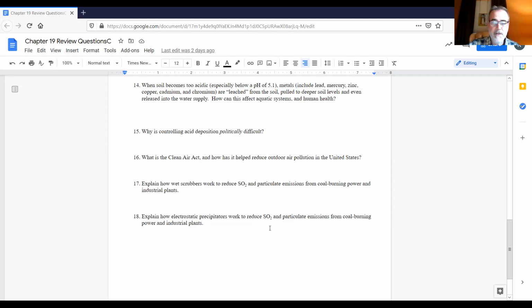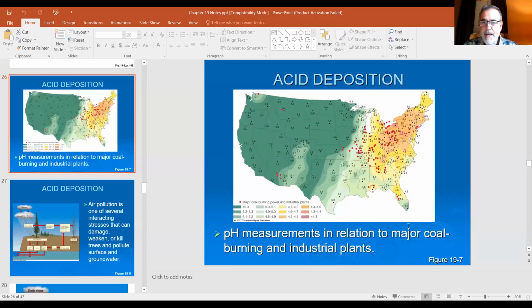So anyway, if we take a look at this map, we can see that once these emissions go into the air, acid deposition covers large areas. It doesn't just affect your local place. So some of this is about being good neighbors. If you are a state that is producing a lot of emissions, but your emissions go into another state, that other state can't come over and make policy for your state, if you know what I mean.